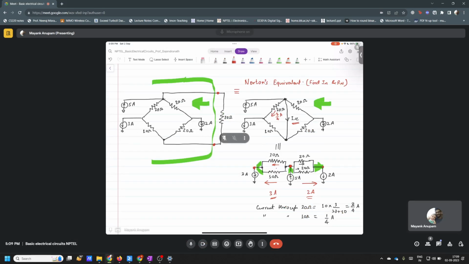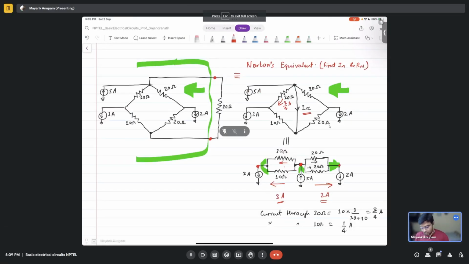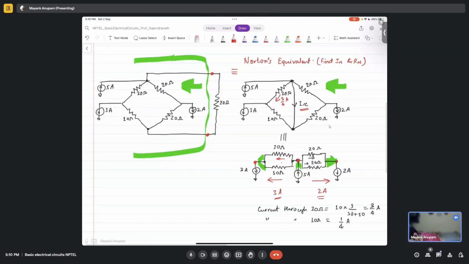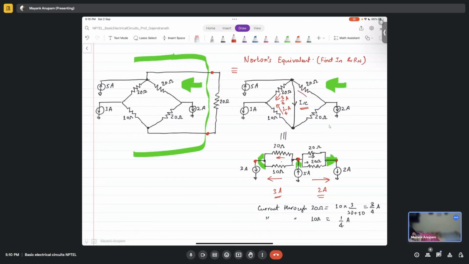Yeah, so as I was saying, now I know this current is 3 by 4 amperes. Again, through 10 ohms also, this current is 1 over 4 amperes. Through 20, this current is 1 ampere.